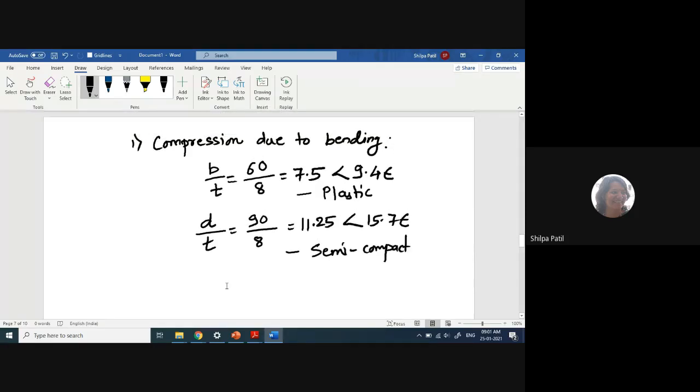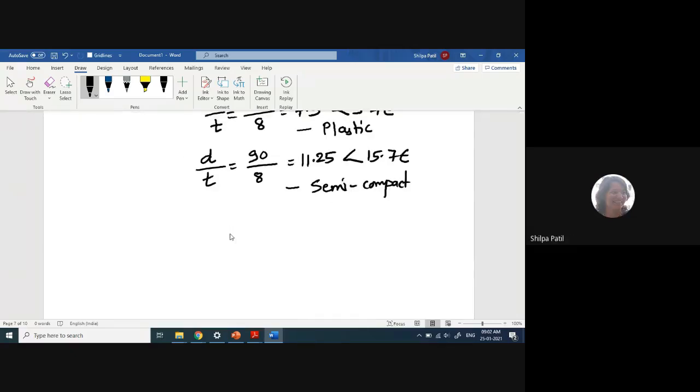So what is the overall class in this category? Semi-compact. So the class of section is semi-compact. I will write it down here, and afterwards we'll write down one statement.